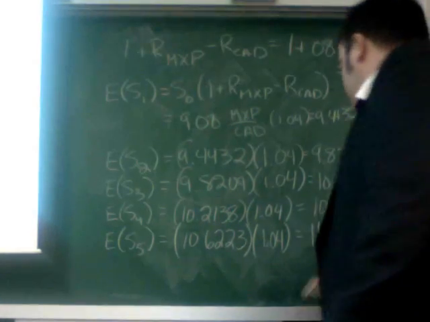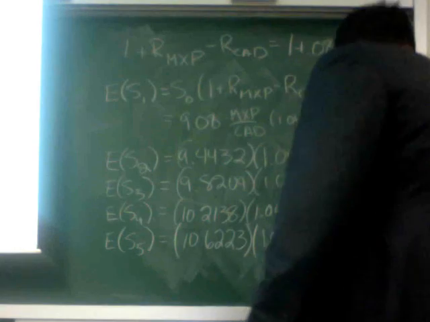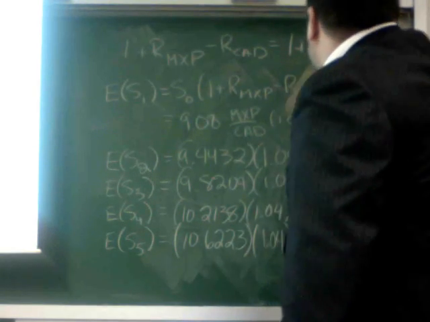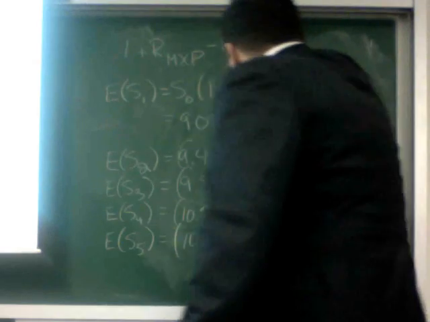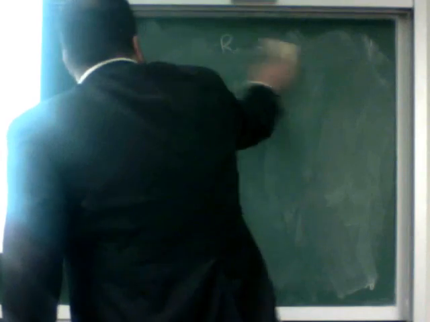So first you figure out all the exchange rates, then you figure out all the cash flows into your home currency. Then once you have that, you're back to just the net present value.